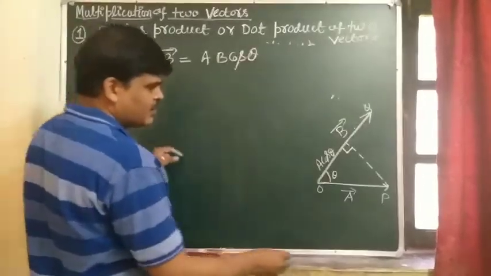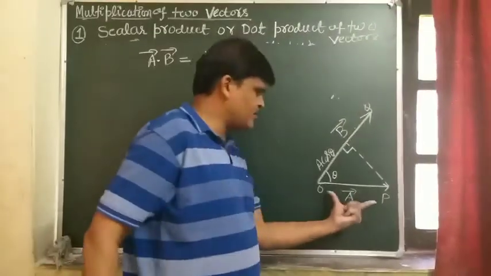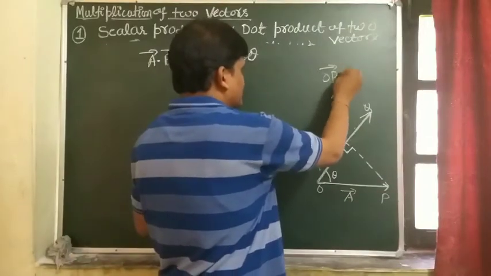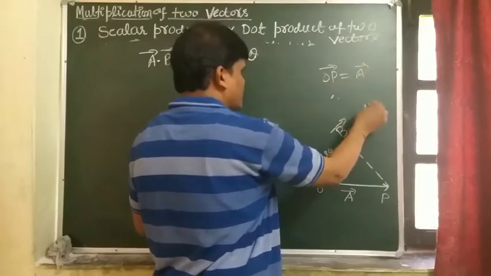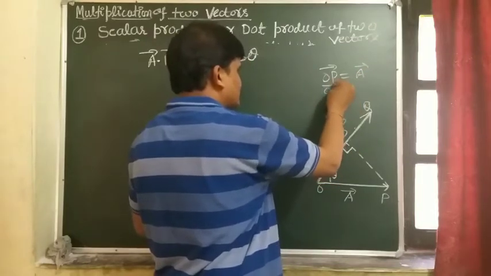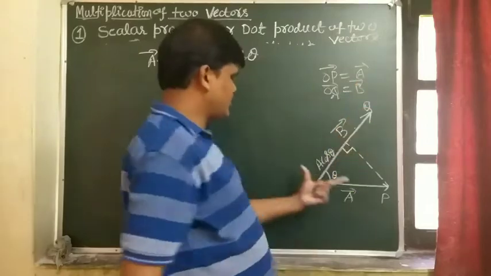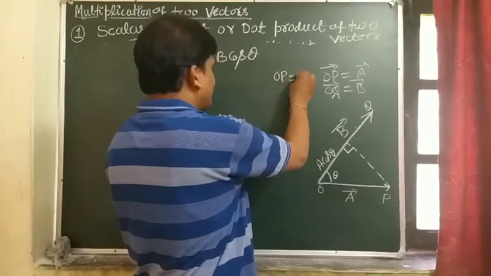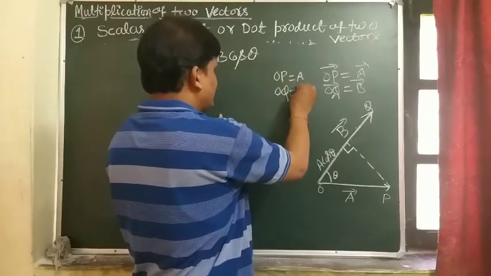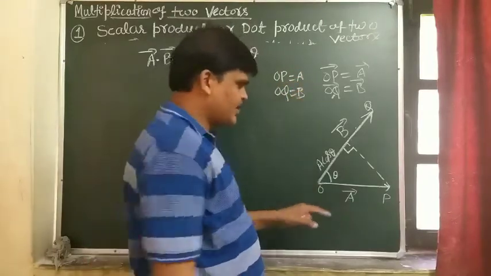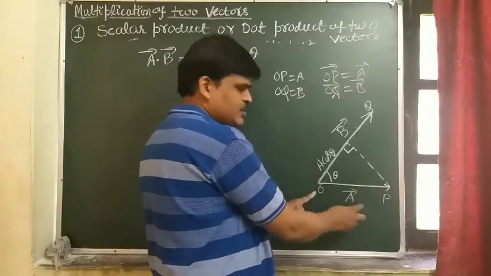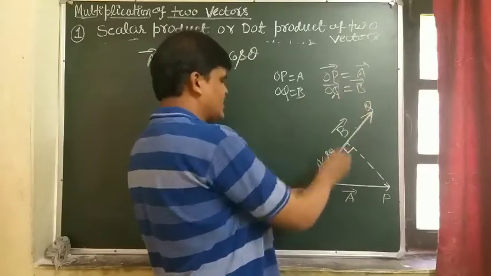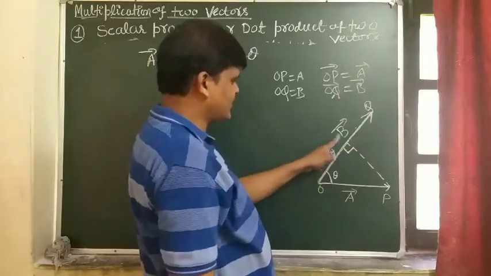But here vector A is represented by the OP vector, and the OQ vector is the second vector. The magnitude of OP is A, and OQ is B. The first vector is represented by OP, the second by OQ, and the angle between vector A and vector B is theta.